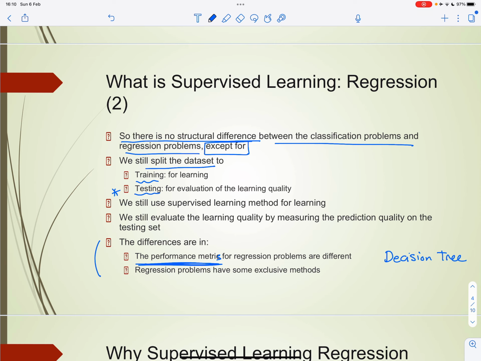So the main difference boils down to the performance metrics. The way that we evaluate the predictive ability of a model for regression problems is different from the way that we used to evaluate the prediction ability of a classification method.